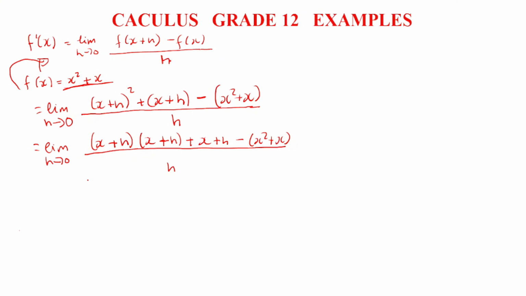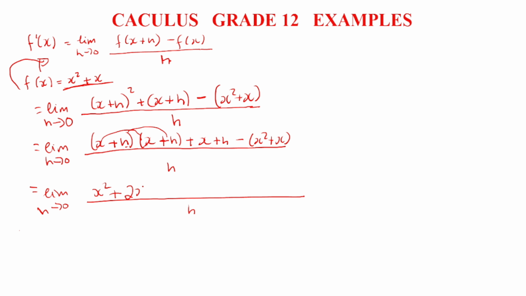Now I'm going to come here and say lim when h approaches 0, and then I'm going to remove the bracket here, and then I'm going to do binomial. All over h as always, x squared plus x times h is going to give us xh, and then there will be another xh from there.